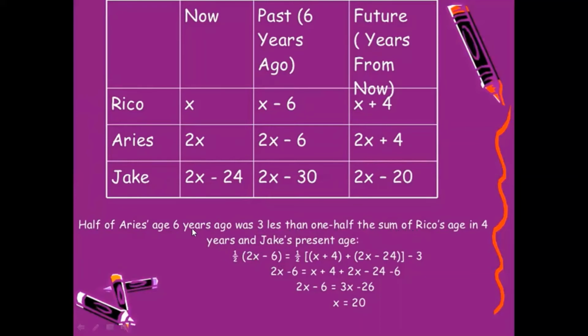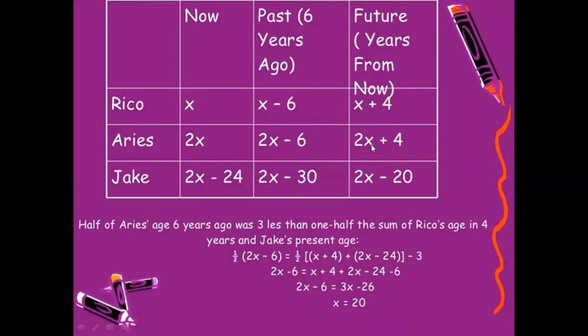So on the right hand side, this was all simple: half of the Aries age 6 years ago. So this is the 6 years ago column. We divided with 2. So 1 by 2 of this is 3 less. So 3 less of what? Half of the age of Aries 4 years after.